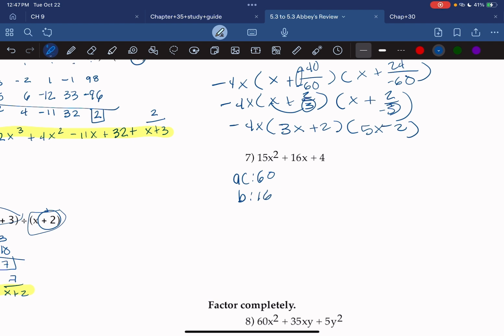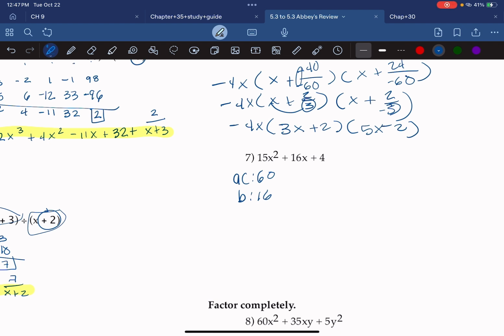We have to find a number that can multiply to 60 and add up to be 16. So we can start 60 divided by 2, 60 divided by 3, 60 divided by 4, until we find a number that can add up to be positive 16.